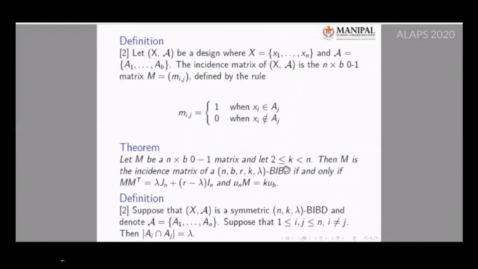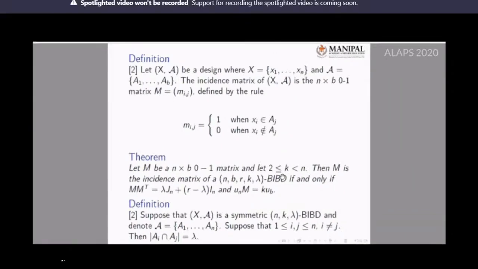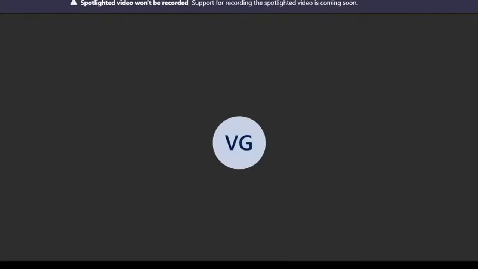Some of the results from the literature about block designs. One thing is the definition of the incidence matrix of a block design. Here the rows are indexed with the points and the columns are indexed with the blocks, with 1 when a point belongs to a block and 0 when a point doesn't belong to a block.